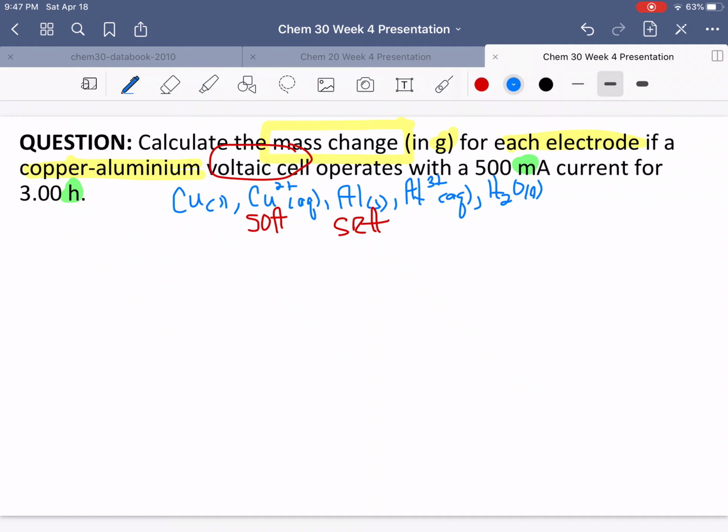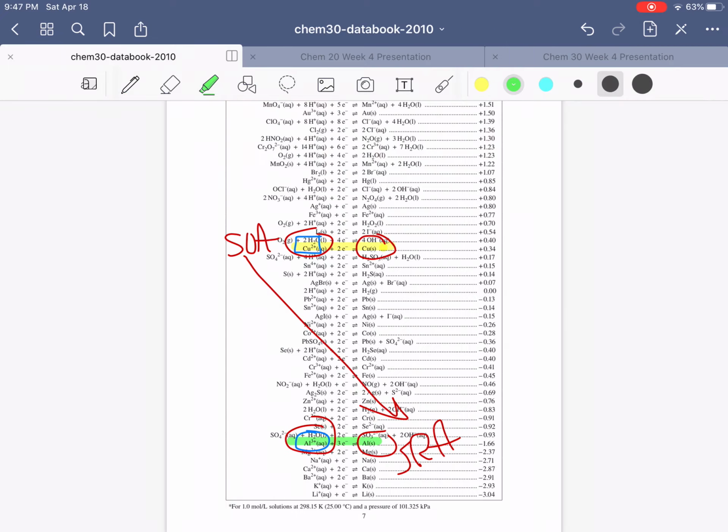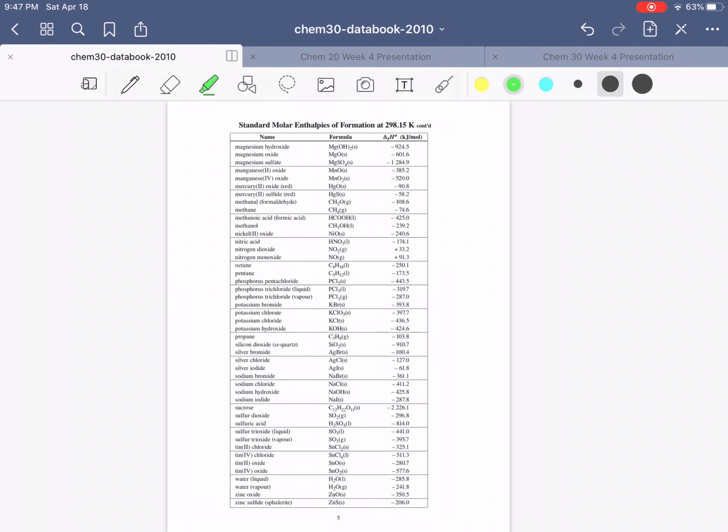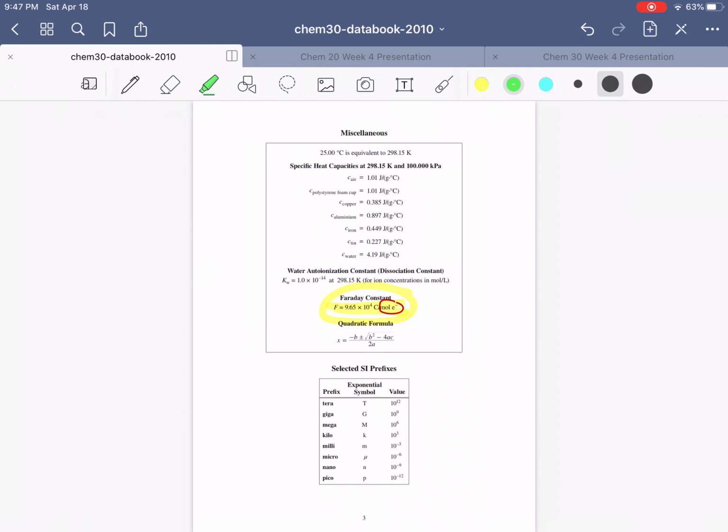All right, so if our current is listed as 500 milliamps, you can take that little m and just replace it with a 10 to the negative 3. If you go back to your data booklet, this is where I'm getting this from, guys. Here we go.